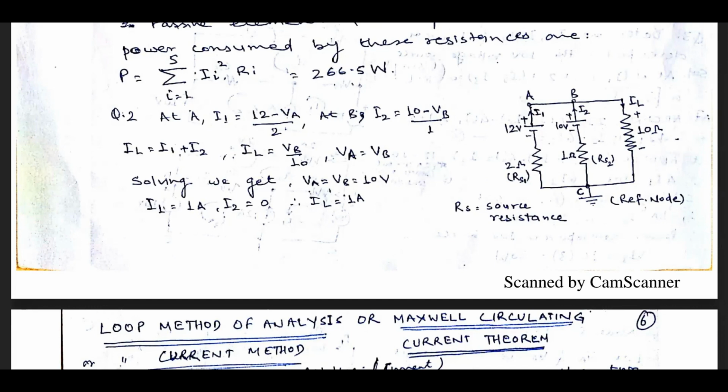In the second equation, I2 is equal to 10 minus VB upon 1. 10 minus VB is the potential difference. When it is divided by 1, applying Ohm's law, we get the current flowing from the 10 volt battery.